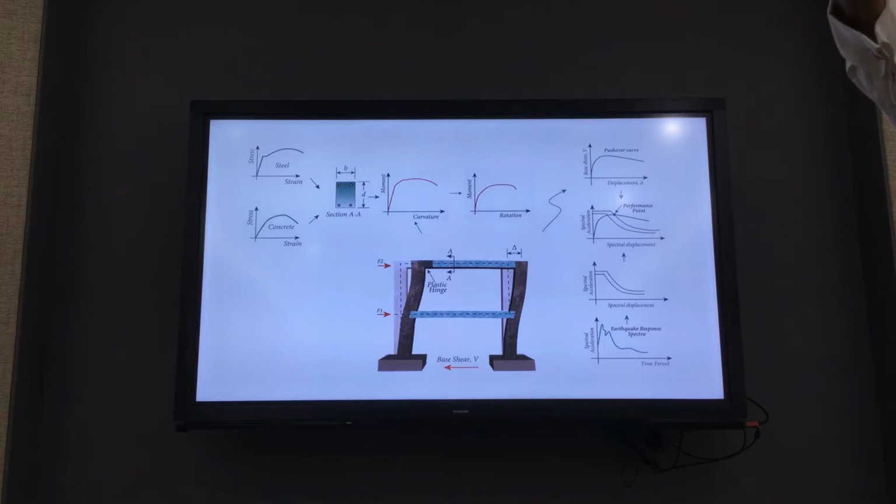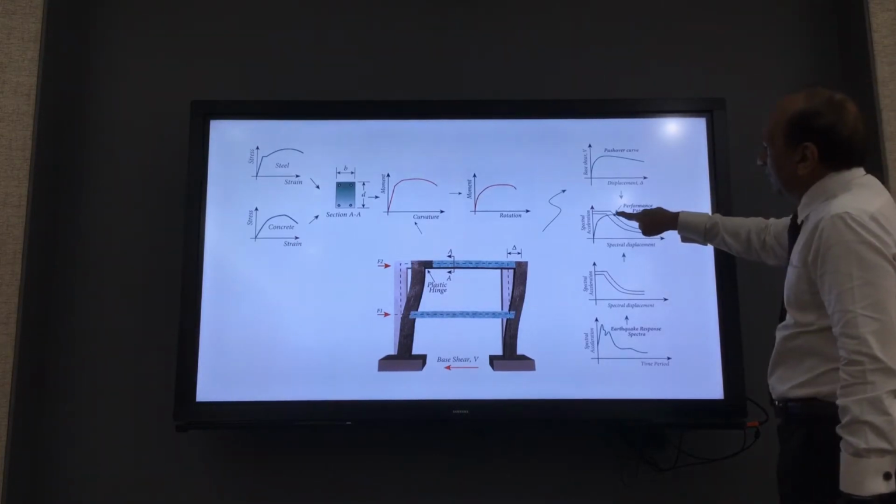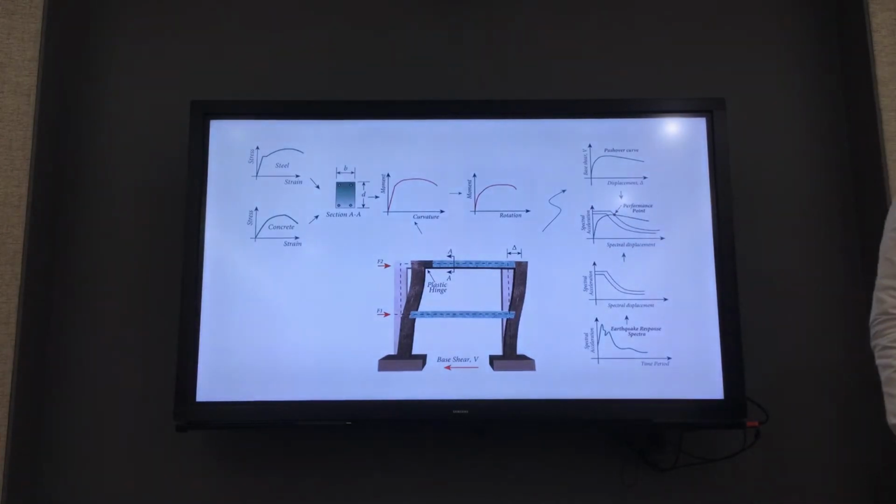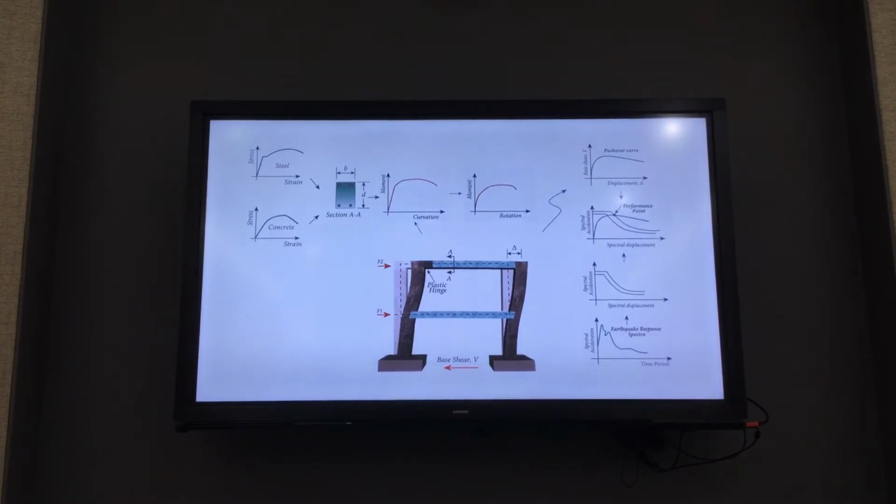It's just like two slides, two papers, and you overlay them with each other. When you overlay them, they will intersect at some point. That point is called the performance point. That is the actual loading and corresponding actual performance, because loading is coming from the earthquake and performance is coming from the property, wherever they intersect.